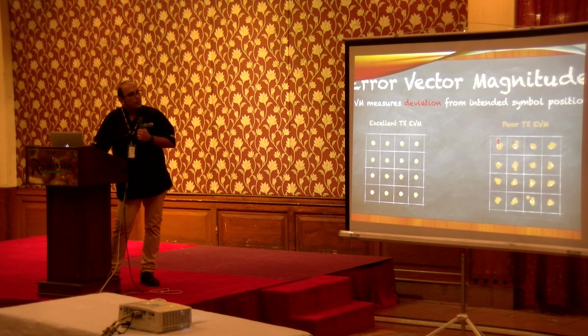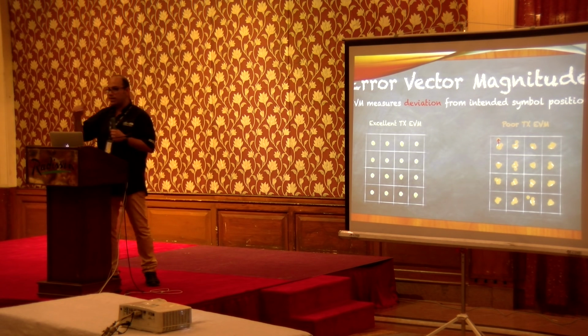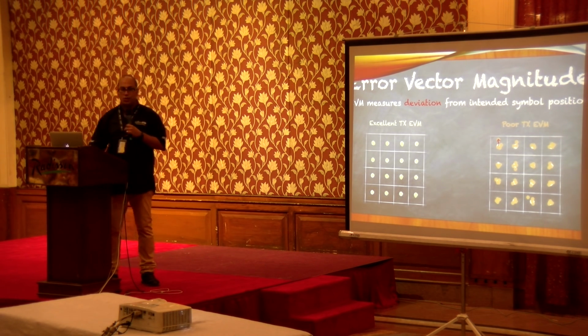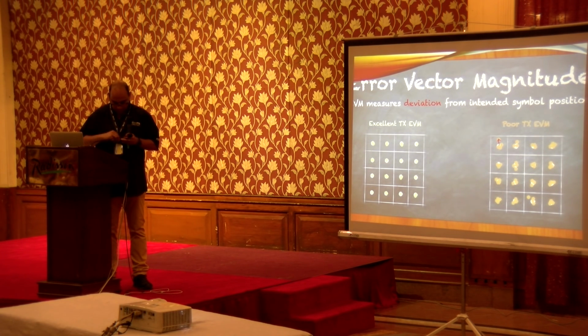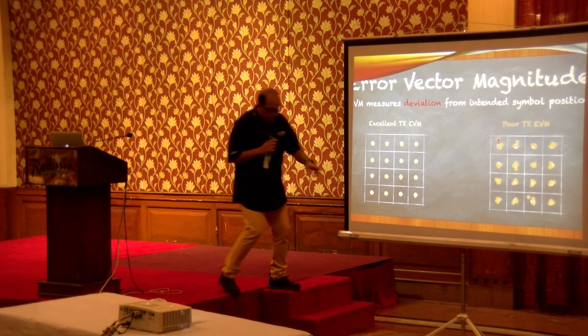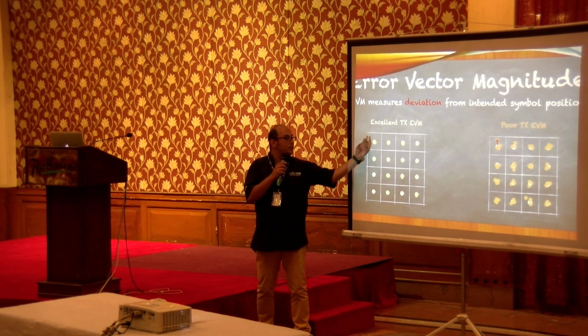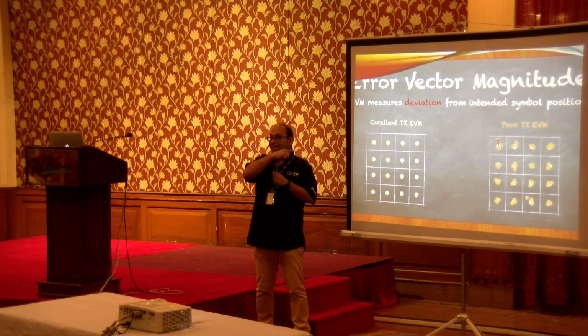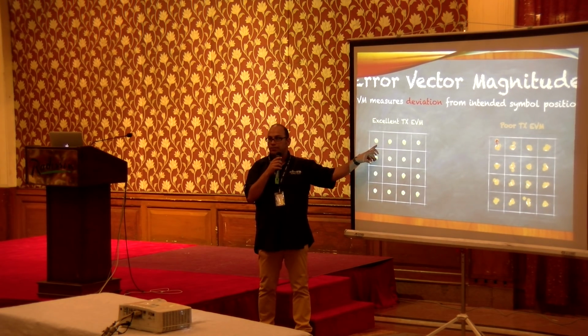Error vector magnitude, or EVM, shows the effect of problems like noise and interference in your transmission. For example, let me show you this. Normally, when you transmit a symbol in this position, the receiver side should receive it in the exact position here.